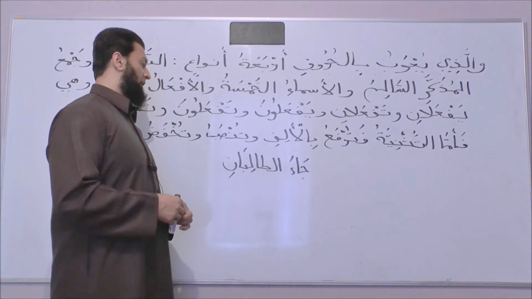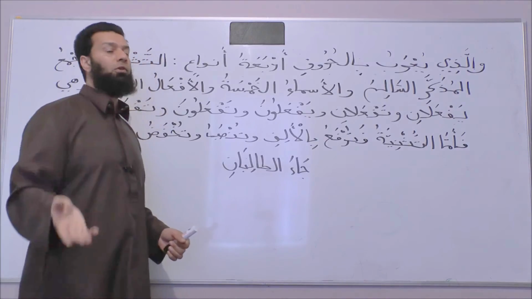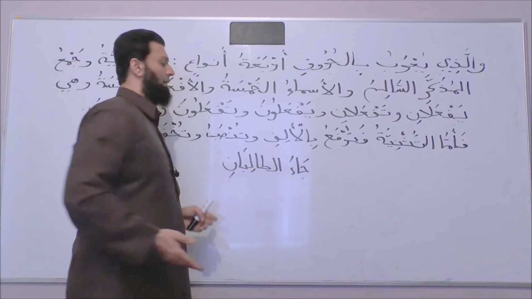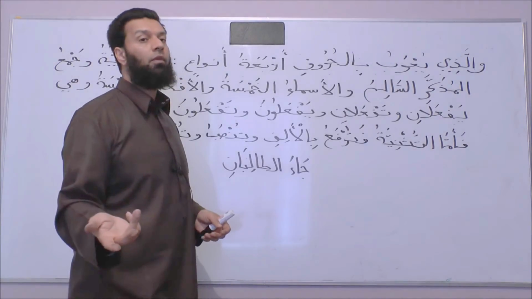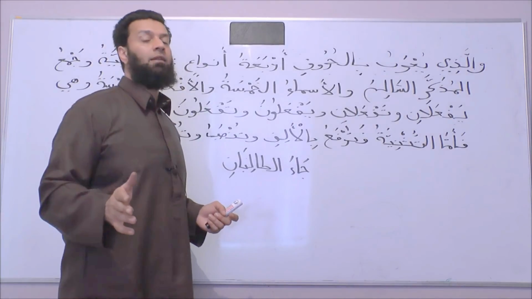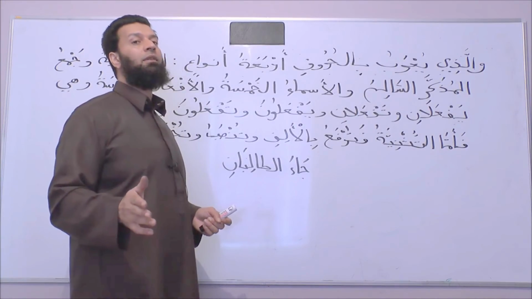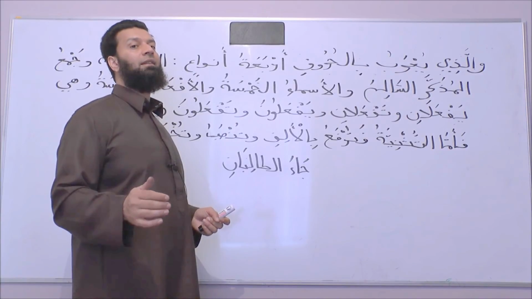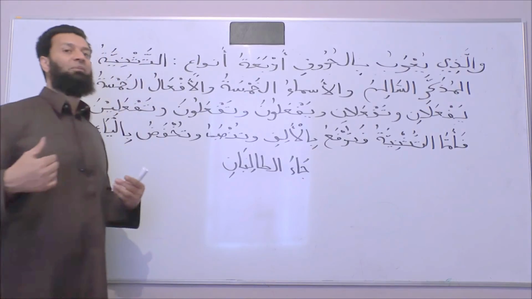Now, if we wanted to give an example where it is mansubun with الطالبان, what would we say? الطالبين. No, a complete sentence. جئت مع الطالبين.